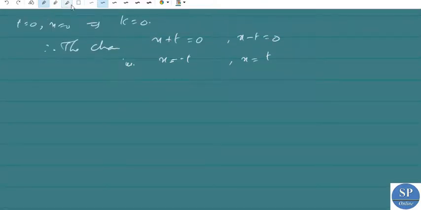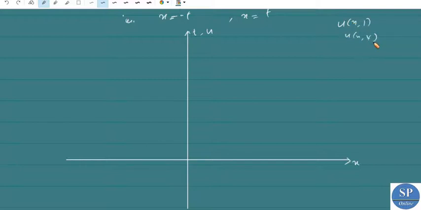So if you draw these characteristics, taking this as the x-axis and this as the t-axis as well as the u-axis. Now we need to plot the solution at t equal to 1 and t equal to 4. So we have to plot u of x,1 and u of x,4, right?